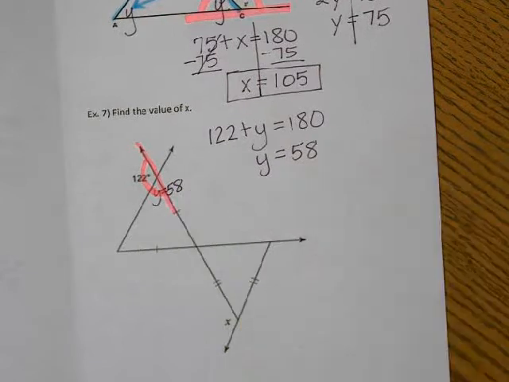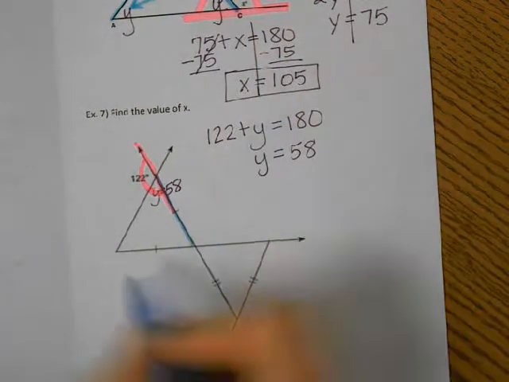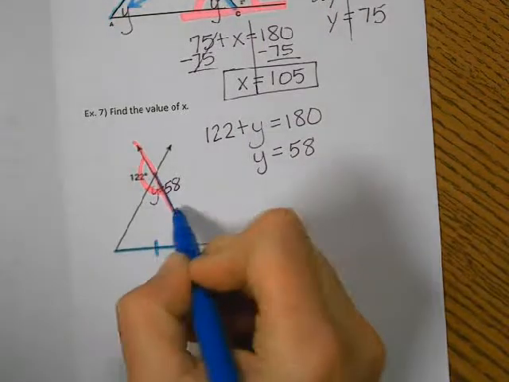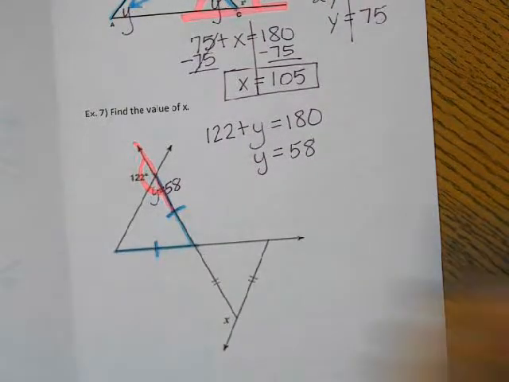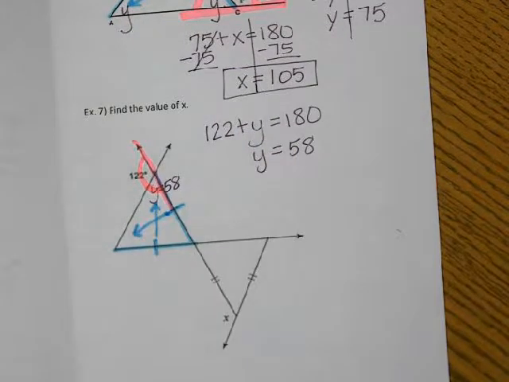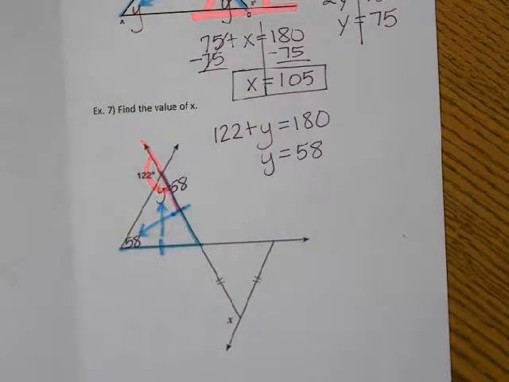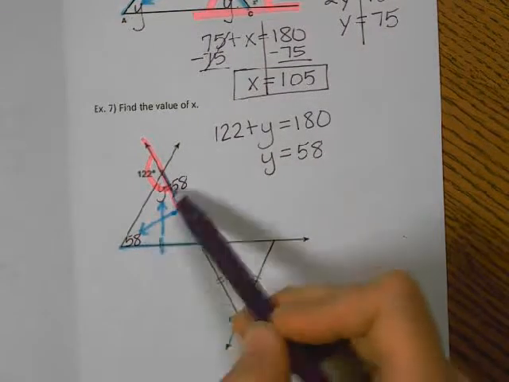And if I know that's 58, I have an isosceles triangle. How do I know that? Because the sides are right here. So that means that this angle and this angle are congruent, right? So that means that this angle right here is also 58 degrees. Okay? So I have two angles here.